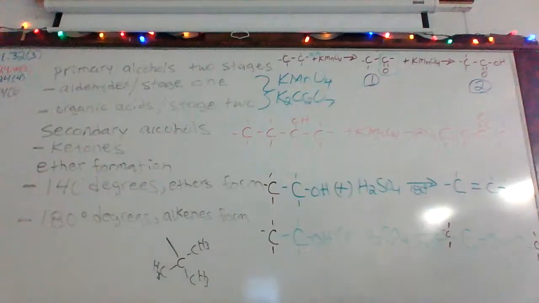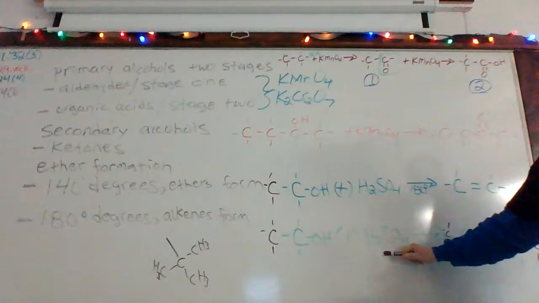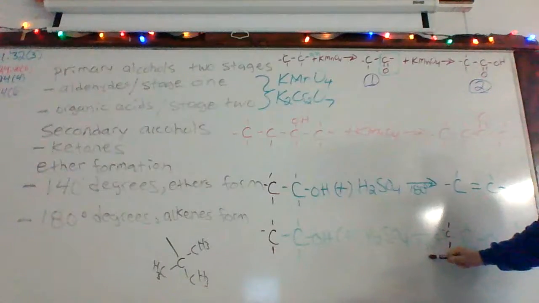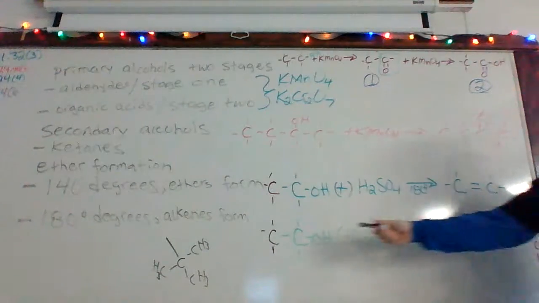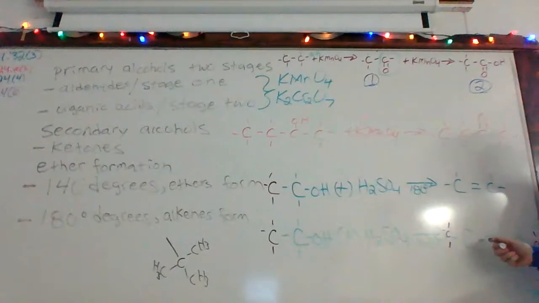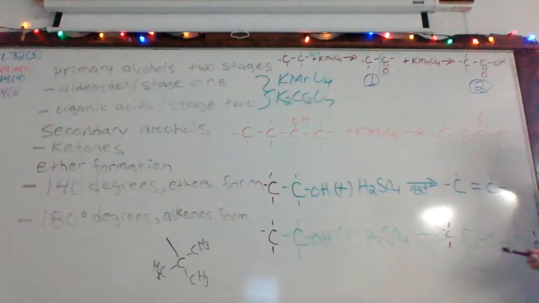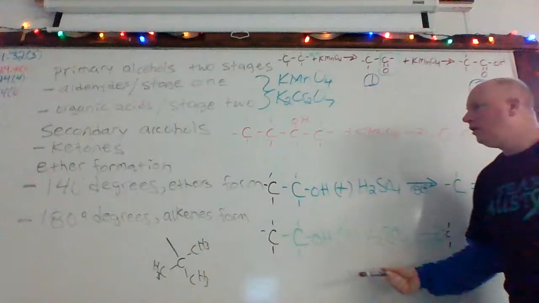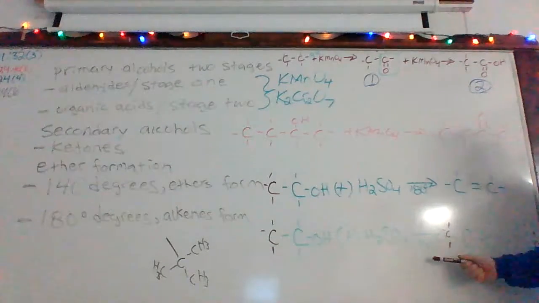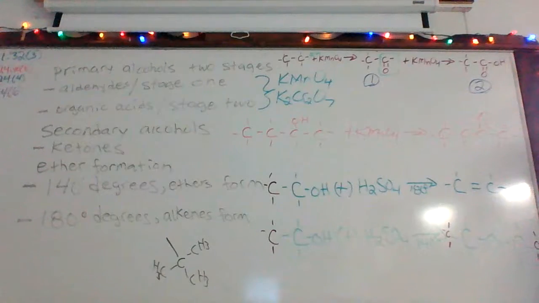So you have your dehydration reagent, H2SO4, but it's at 140 degrees. Ethers are going to form. And what you do is, if it's 2 carbons in length, you put 2 carbons on one side, 2 carbons on the other, and then the oxygen is in the middle. That's an ether, where you have a single bonded oxygen between the carbon groups, not on the end. So that is an ether. You see a primary alcohol, then it forms an ether at 140 degrees.